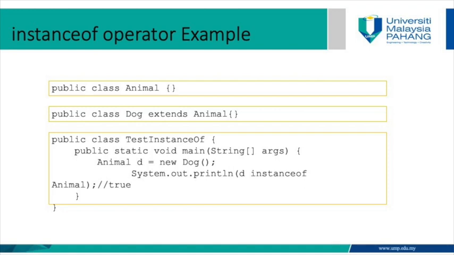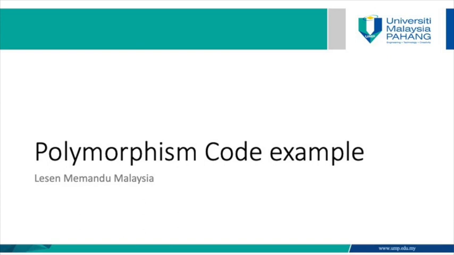We have Animal d equal to new Dog, and then System.out.println(d instanceof Animal). So it will check in the child class and the parent class if this is true or not. Animal d equal to new Dog, so that means it is true, which means d is an instance of Animal.